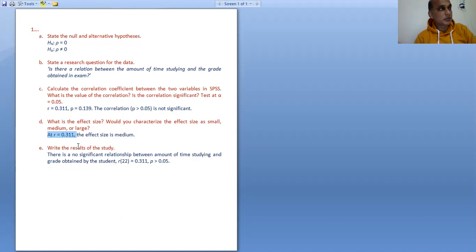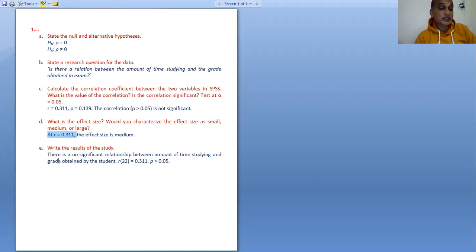If it is plus minus 0.3, we are calling it medium effect size. If it is plus minus 0.5 or near to it, we are calling it a large effect size. In our case, the value of 0.311 is quite near to 0.3. So we are calling it a medium effect size, or effect size is medium.